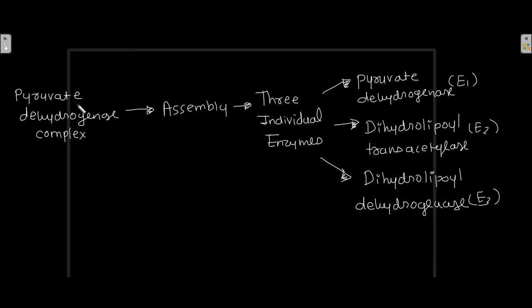Now, this pyruvate dehydrogenase complex is an assembly of 3 individual enzymes: pyruvate dehydrogenase E1, then dihydrolipoyl transacetylase E2, and then dihydrolipoyl dehydrogenase E3. These 3 are different individual enzymes, and they assemble to give the pyruvate dehydrogenase complex.